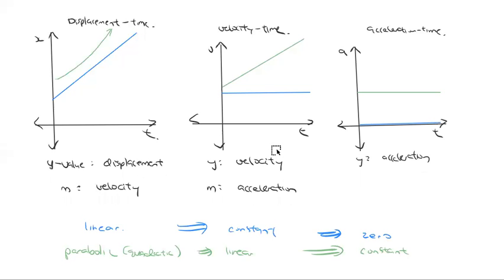Now, this is jumping ahead a little bit, so I won't really focus on it too much. But I just want to say that, while we've got these things drawn out, the area under the curve represents the change in displacement. So basically, the area represents the change in displacement, and the area represents the change in velocity.